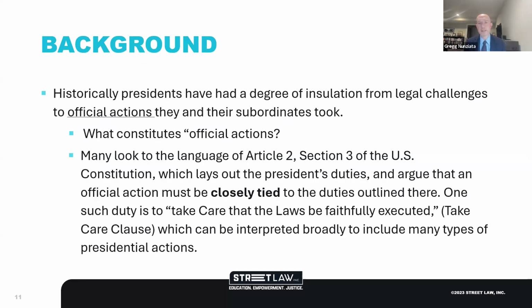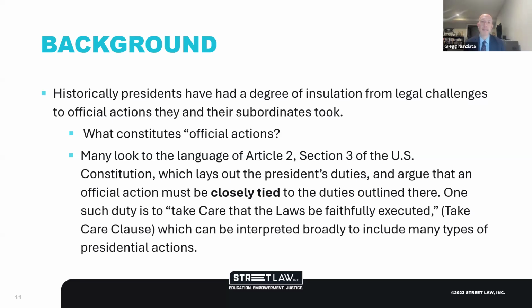There are a bundle of ideas around protecting, insulating the president from legal challenges or scrutiny that might be burdensome to her ability to do her job. They are strongest around the idea of official acts, really core presidential powers. This is not very clearly defined, and we might disagree on what constitutes an official act or a core presidential power, which is probably a smaller set of official acts.